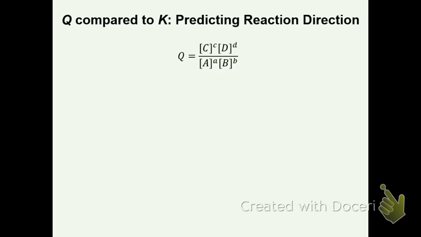So again, we can compare Q and K to predict the reaction direction. Q again takes on the same form as K, we're just calculating using non-equilibrium concentrations. If we have a situation where Q is greater than K, that indicates that we have more products present than reactants than we would at equilibrium.